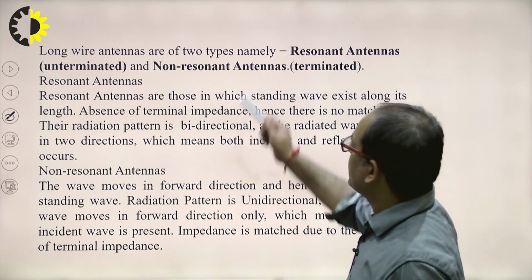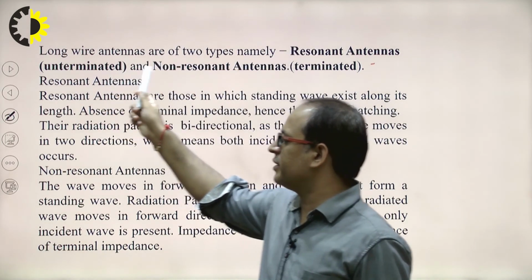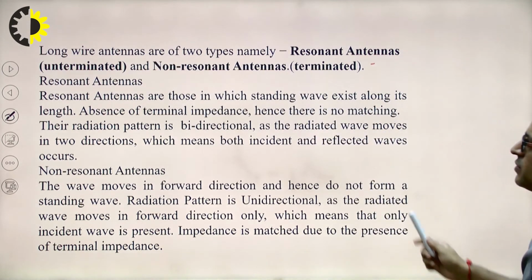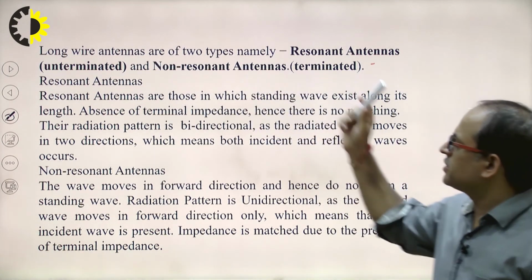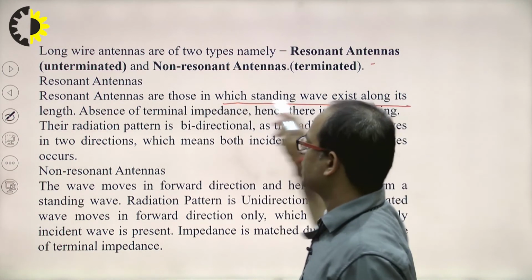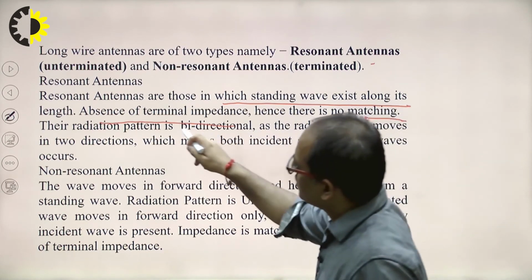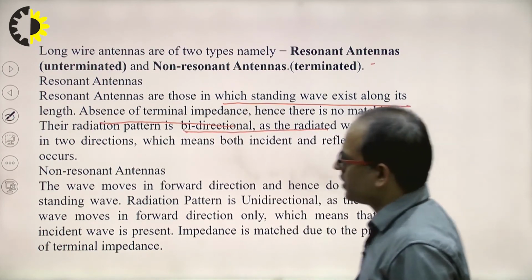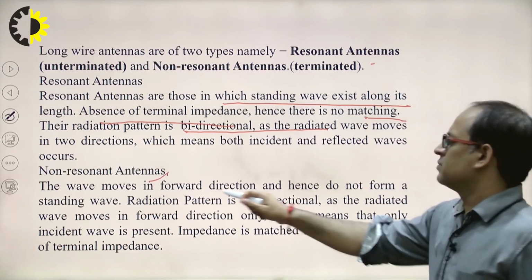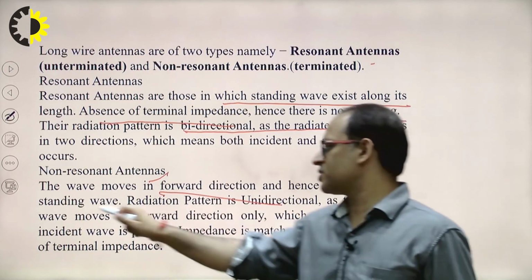So long wire antennas are of two types: resonant, that is unterminated, and non-resonant, that is terminated. Resonant antennas are those in which standing waves exist, with absence of terminal impedance, hence there is no matching, and the radiation pattern is bidirectional. In non-resonant antennas, the wave moves in the forward direction and does not form standing waves.